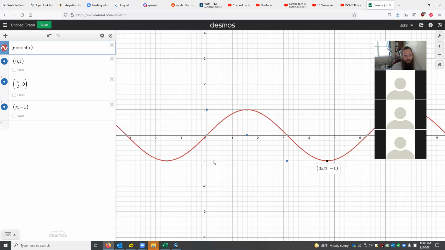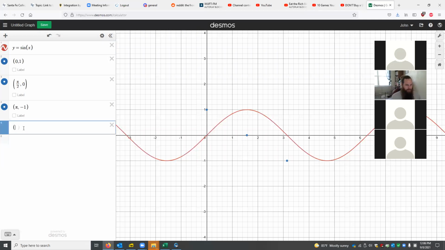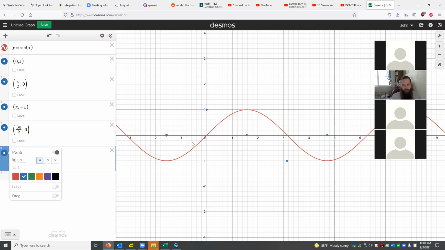At 3 pi over 2, that slope looks like it should be 0 again. I'm just graphing these as though they're their own thing. And then let's do this one over here at -pi over 2. The slope of the tangent there should be 0 as well, right? So (-pi over 2, 0). Let's graph that. Okay. What do these blue points start to look like? Cosine. Yeah.